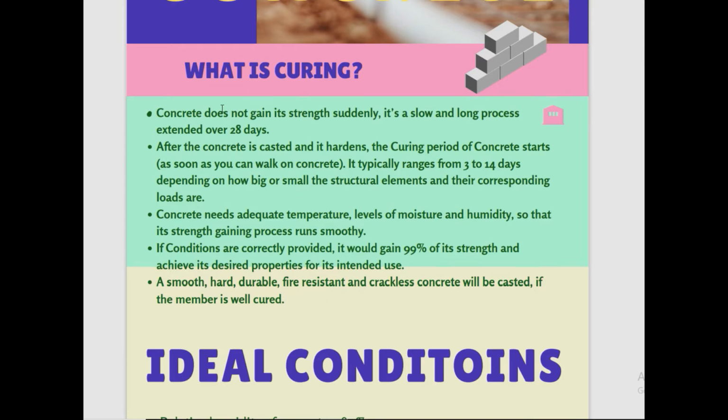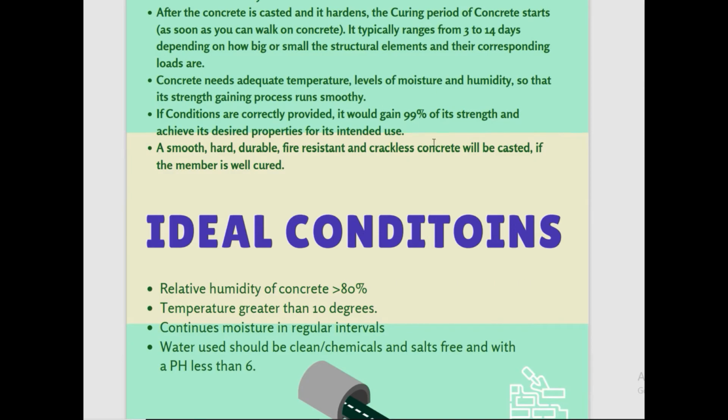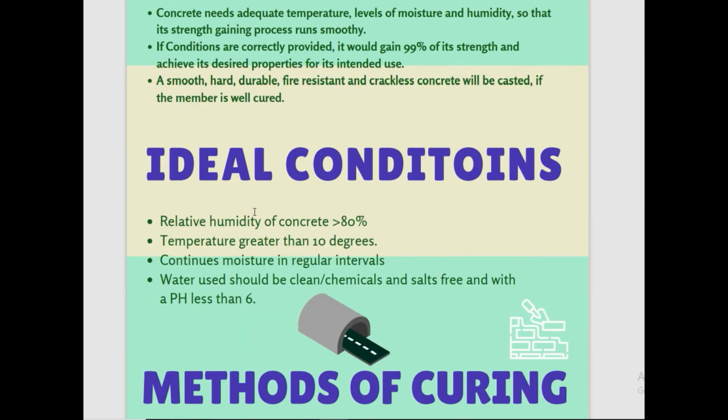So, curing starts once the concrete hardens, and it's the most important period of the concrete structure, during which it gains all its properties and all its strength and durability and its resistance towards different hazards, all right? So this is the curing period of concrete, which normally extends from 3 to 14 days, as point number 2 says.